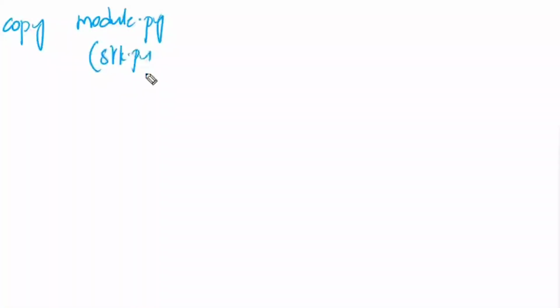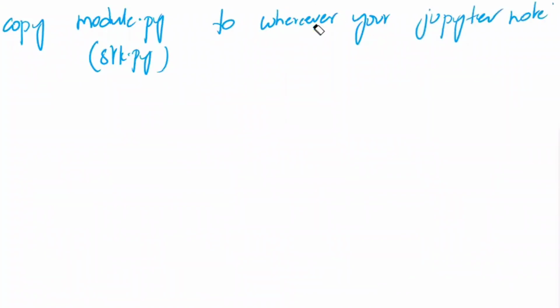Option number one is to copy your module.py file, whatever the module file is, in this case the srk.py file, to wherever your Jupyter notebook is, to the location of the Jupyter notebook.